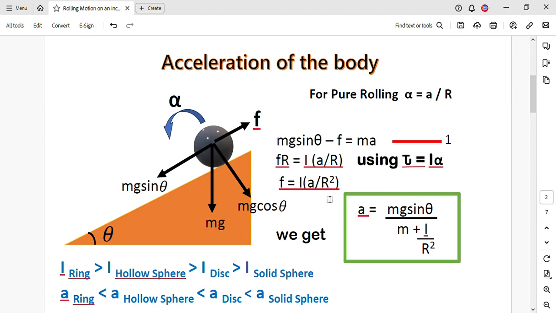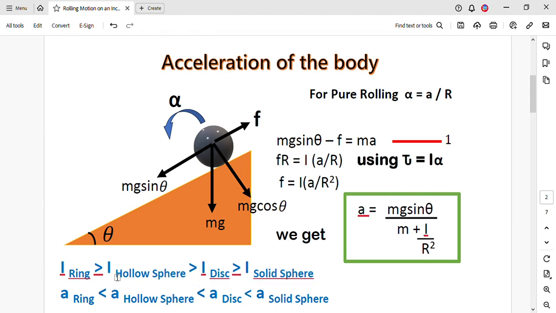Now putting the value of F in the first equation, we get a equal to mg sin theta divided by m plus I by r square. Here we can see that a and I, the moment of inertia, are inversely proportional to each other. The moment of inertia of a ring is greater than that of a hollow sphere, which is greater than that of a disk and then a solid sphere.